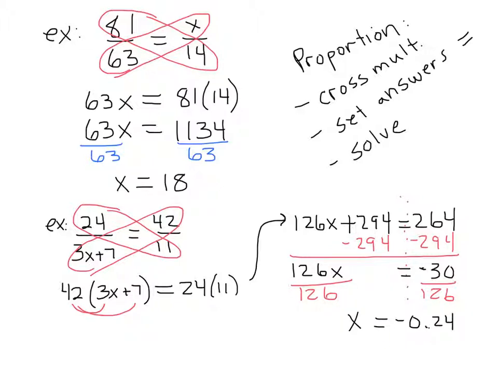How can I test this? I take that answer, I put it right here for x. I go 3 times that solution, plus 7. I multiply it by 42, and I better get the same answer as when I do 24 times 11.